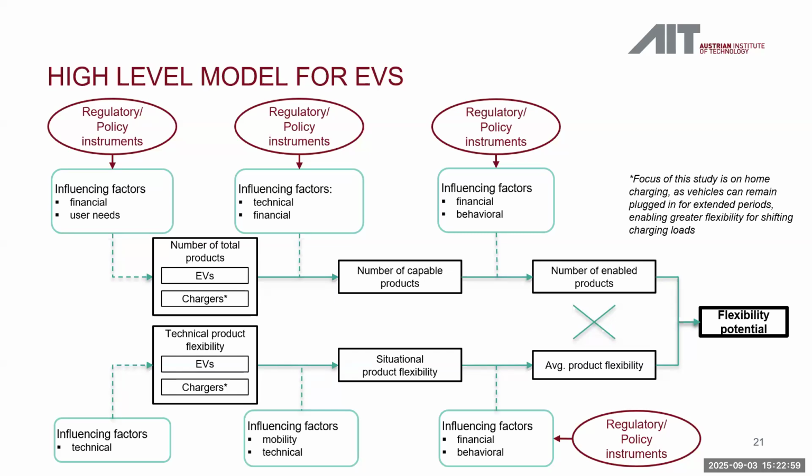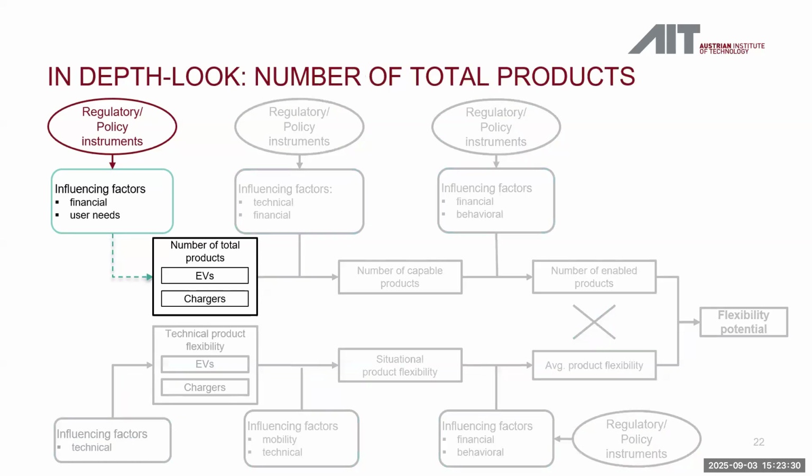And only in combination will they be able to provide flexibility. And the second thing, as a side note, is that we are rather focusing on home chargers because we believe that they contribute to the flexibility the most. Because if you are using a public charger, you are more interested in charging up your EV than providing flexibility in the short time.